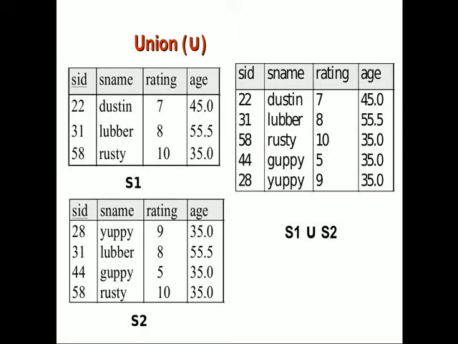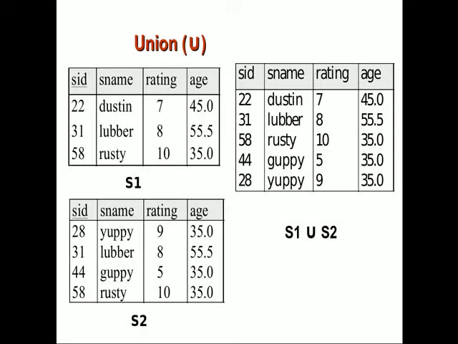Now we look at another operator, which is the set difference operator, and here we have 2 relations S1 and S2, and if you want to perform the set difference operator S1 minus S2, this means that the resulting table will consist of tuples present in S1 that are not present in S2.